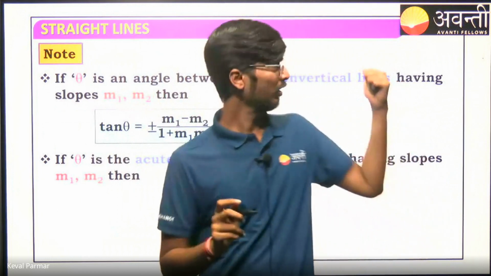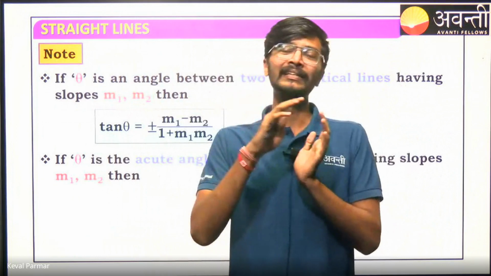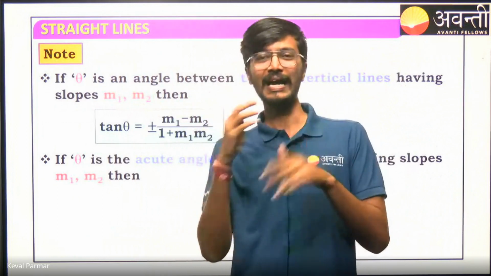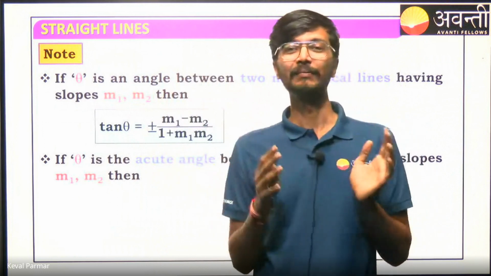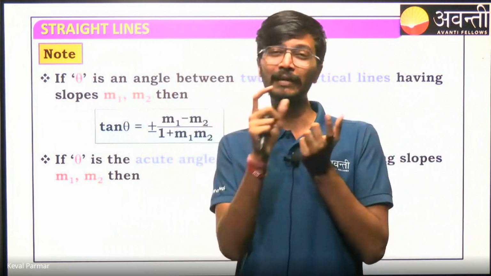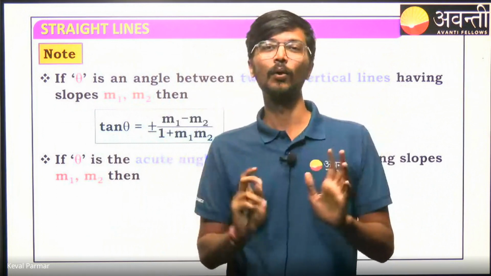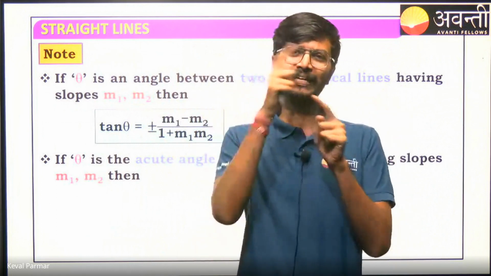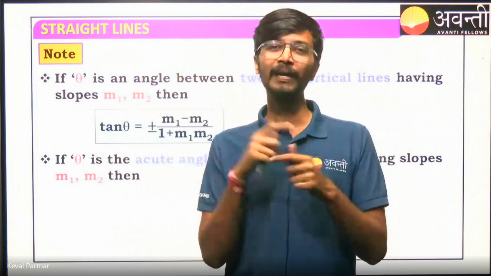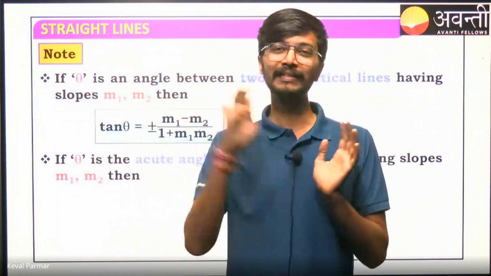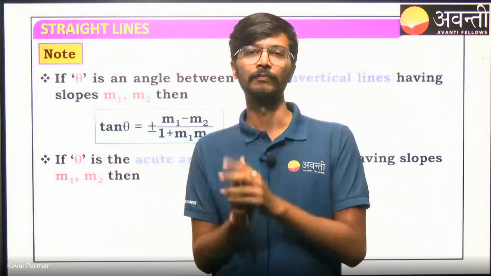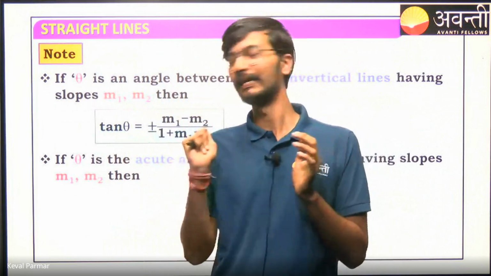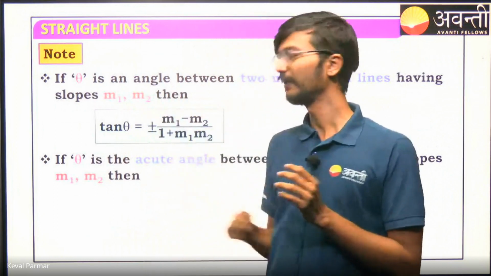Because as we saw in the previous slide, the angle can be acute as well as obtuse. If the angle is obtuse, theta will be in the second quadrant, obtuse meaning 90 to 180, and that will make tan theta negative. That's why we have to add both plus and minus.